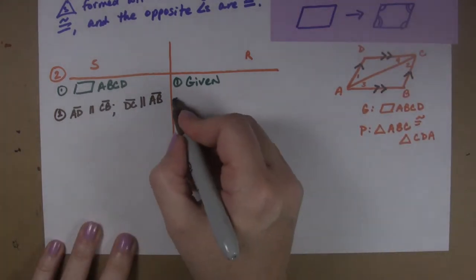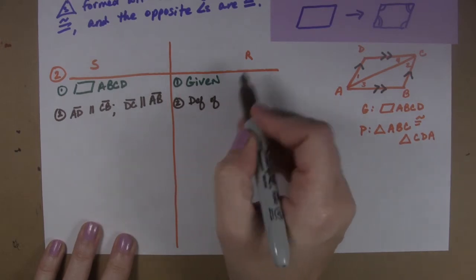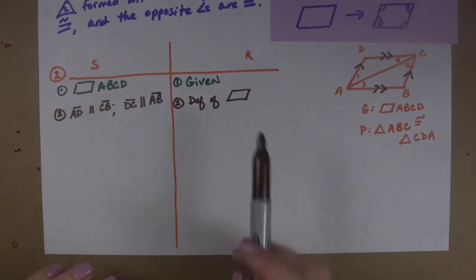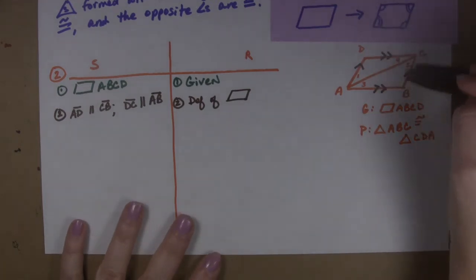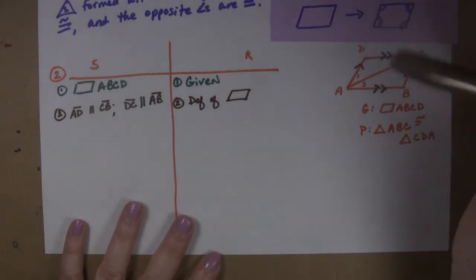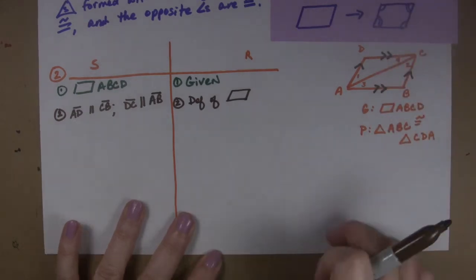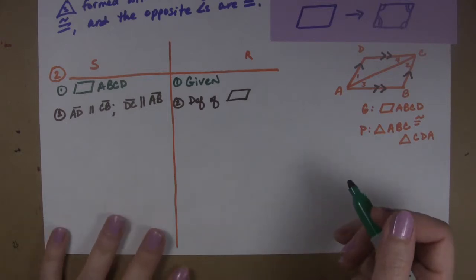And the reason that I know that is because of the definition of parallelogram. Remember, our definition of parallelogram is any four-sided figure where opposite sides are parallel. And so, since we know that this is a parallelogram, the first thing that we know just by the definition is that the opposite sides have to be parallel. Now, there are indeed other things that we know about parallelograms, but this is what we're going to start with.